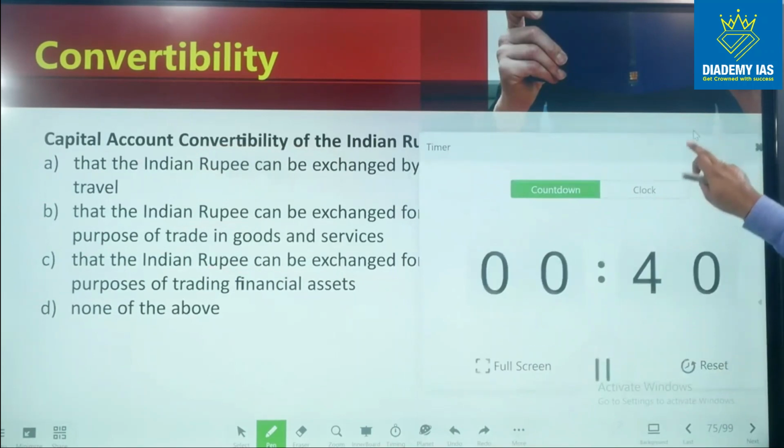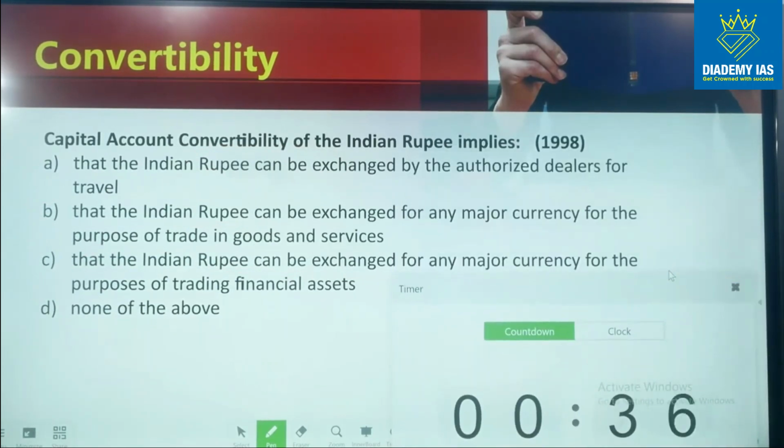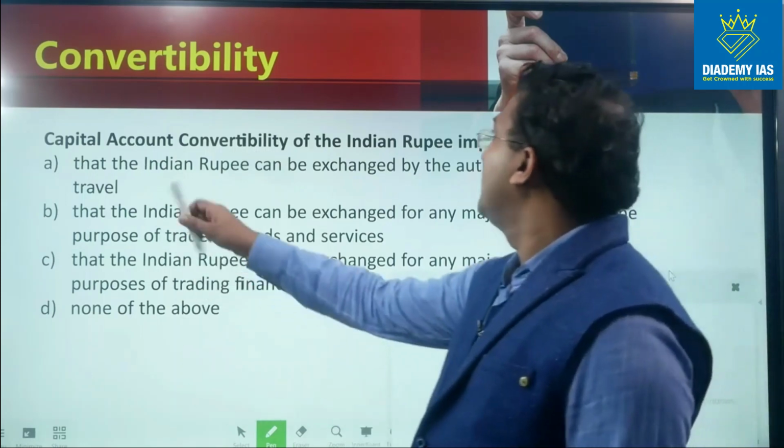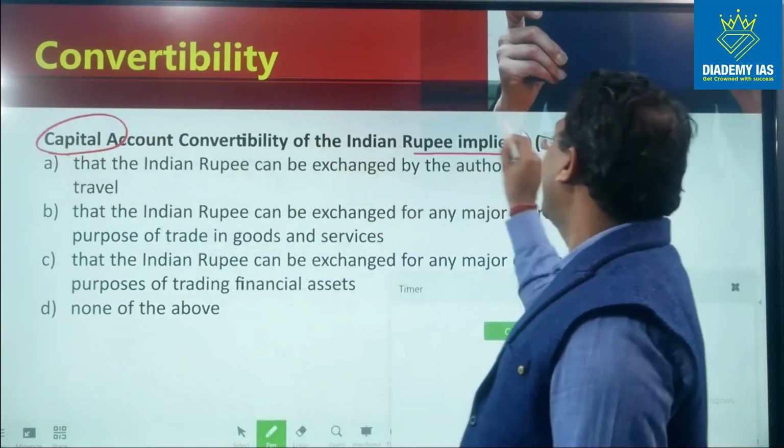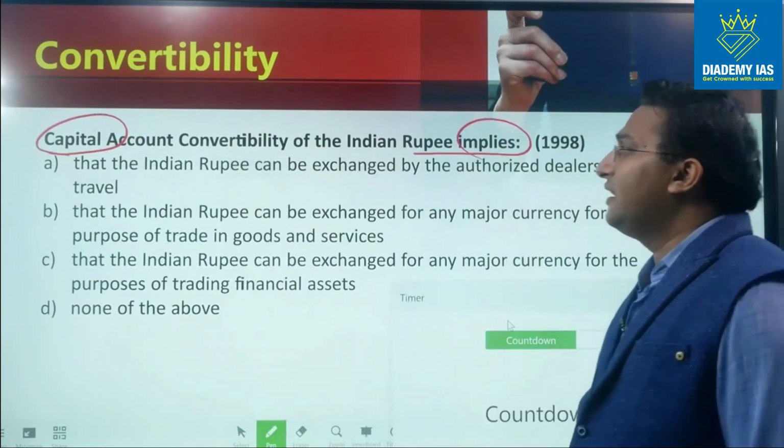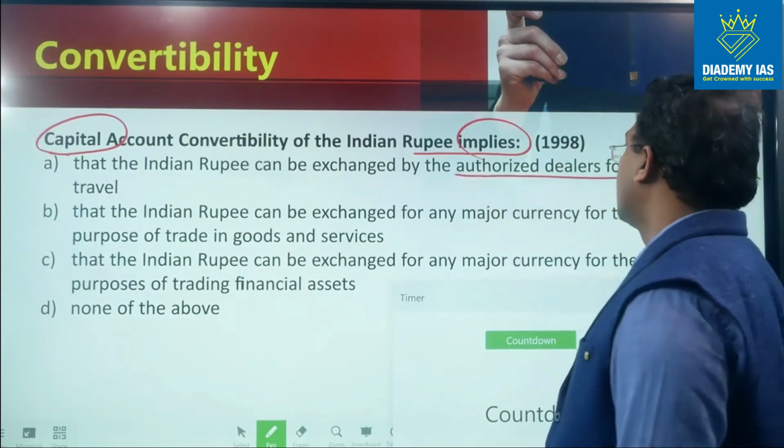So your time starts now. Capital account convertibility of Indian rupee implies option A, that Indian rupee can be exchanged by the authorized dealers for travel.